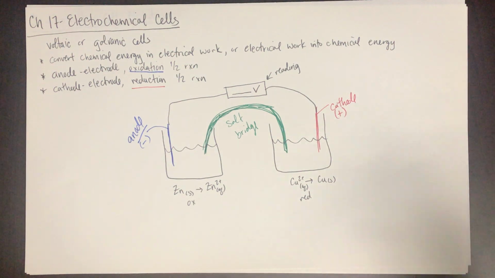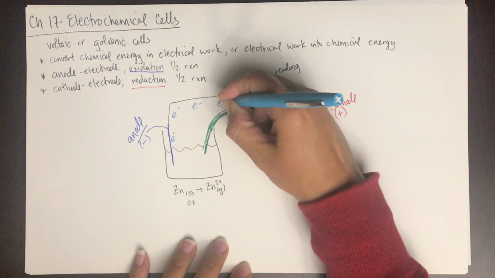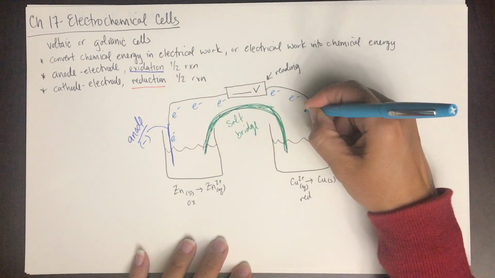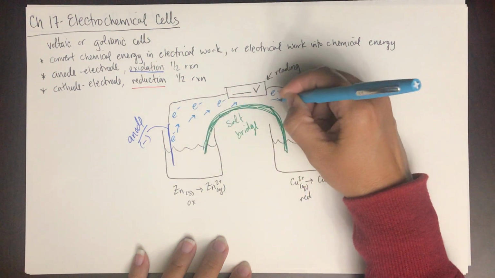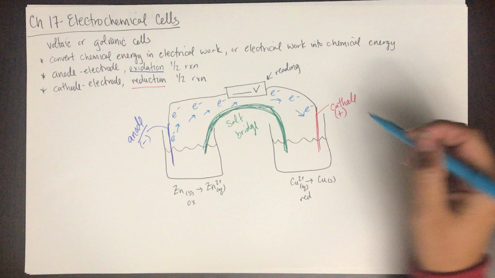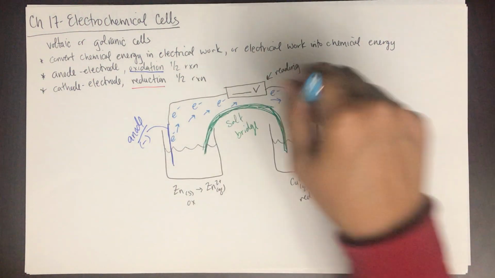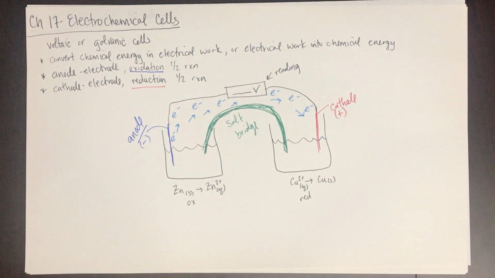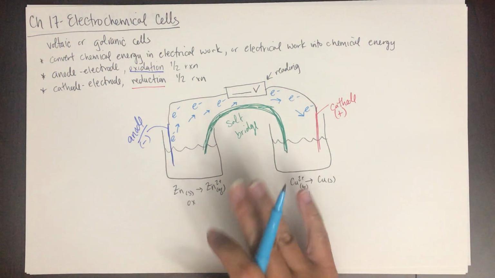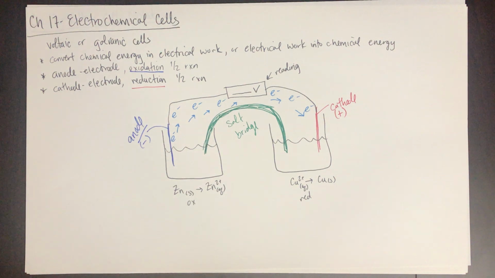So the electrons are going to flow from the negative terminal to the positive terminal, because they're negatively charged and attracted to the positive terminal. So we have a continuous circuit for electrons to flow, and this is what's being measured by the voltmeter. This is just a really rough example of what's happening in an electrochemical cell.